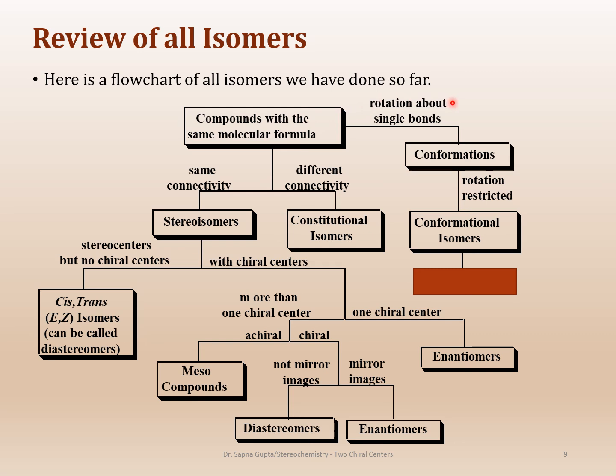If you have just rotation going on, then you have conformation isomers, okay, and conformations we've already done before, and conformation pretty much ends over here, okay, because in conformation you can have anti and eclipsed, and then you have the two-chair conformations as far as the cyclic compounds are concerned. So that's conformational. And here when you have the same kind of molecular formula, you can have constitutional isomers or stereoisomers. Constitutional isomers are different because they're different structures.